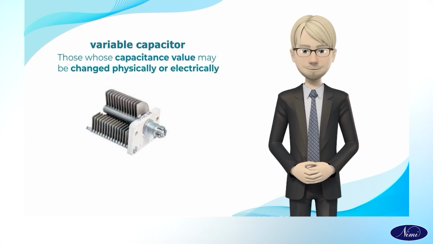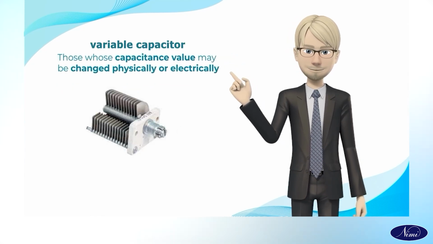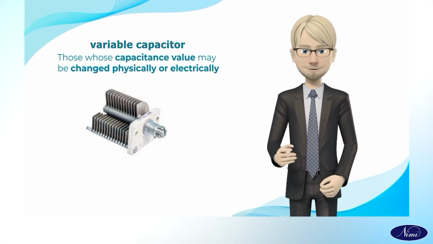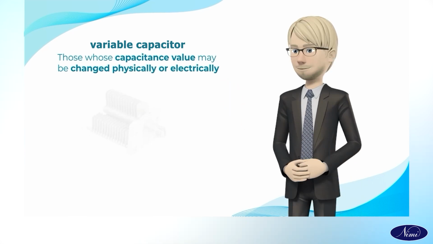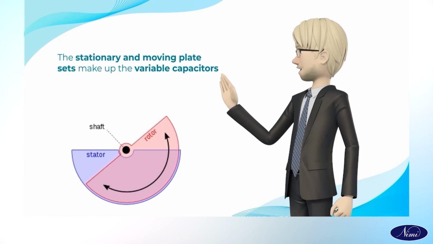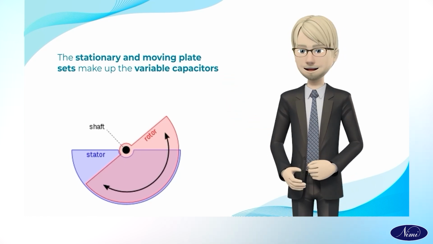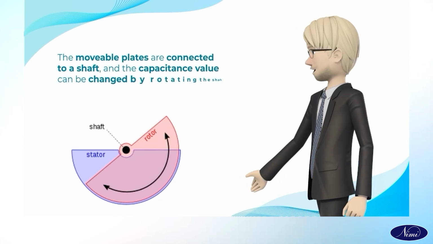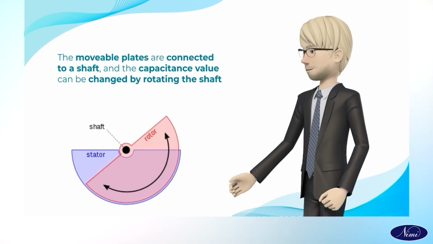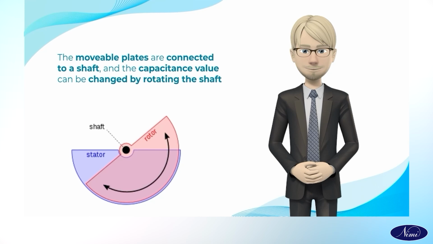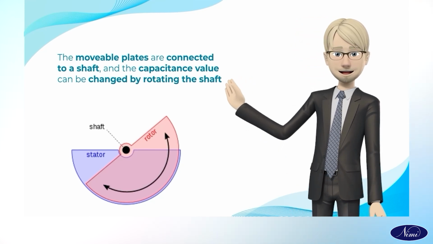Variable capacitors are those whose capacitance value may be changed physically or electrically. The stationary and moving plate sets make up the variable capacitors. The movable plates are connected to a shaft and the capacitance value can be changed by rotating the shaft.